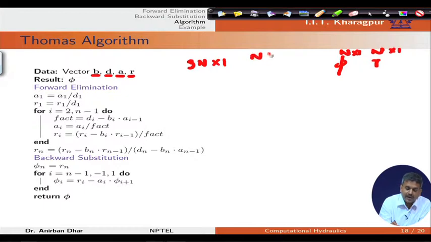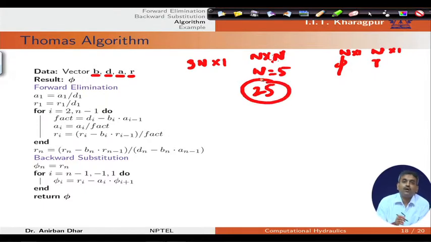So, instead of n into n, that means if we have n equals to 5, we need to store 25 elements of our A matrix, but instead of that we are storing only below diagonal, diagonal and above diagonal coefficient values in a column vector format.